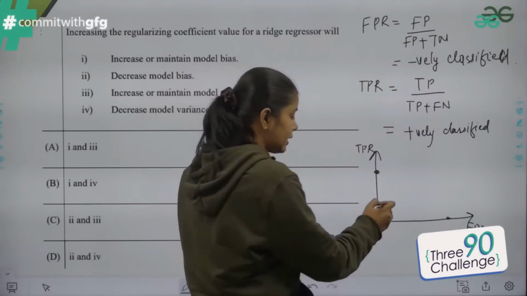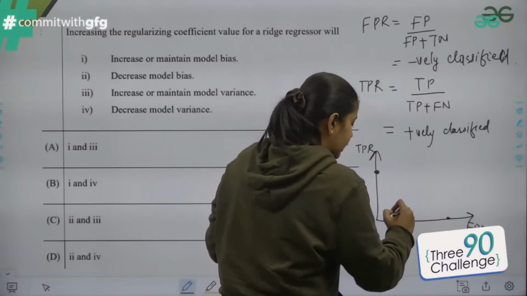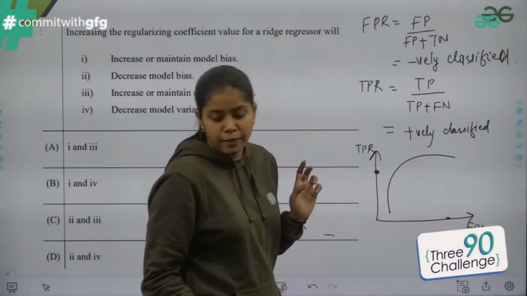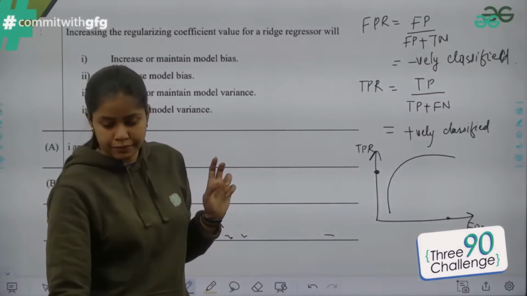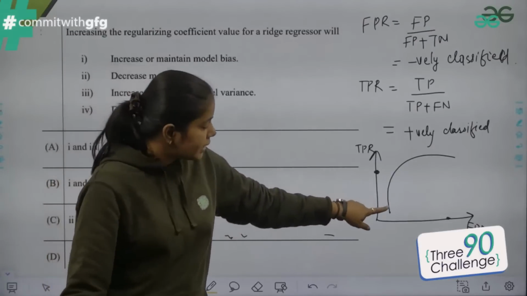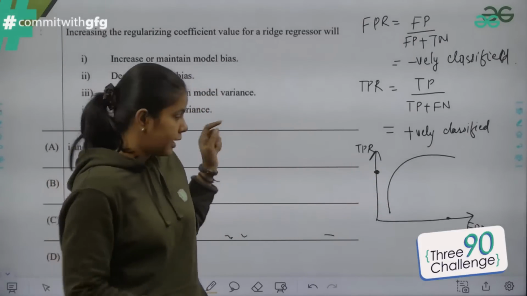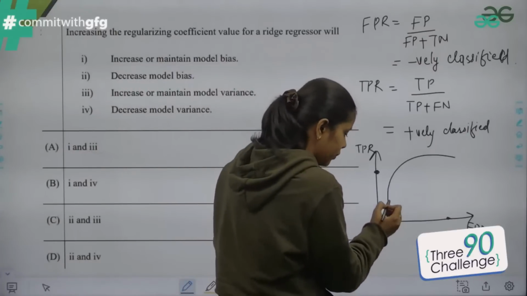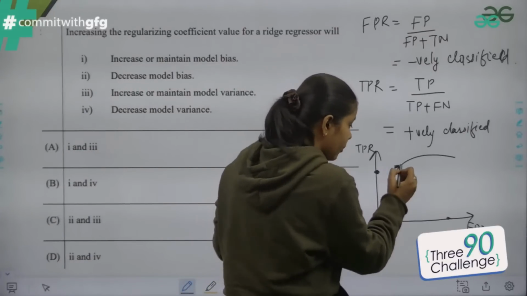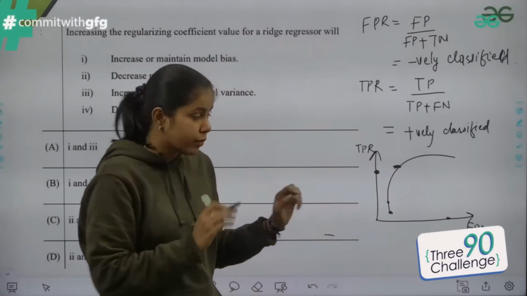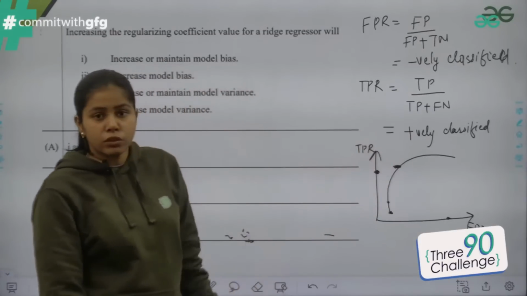So if I take any model, some model here, some model here, some model here, the one that gives me the maximum prediction is the one that lies very close to TPR.